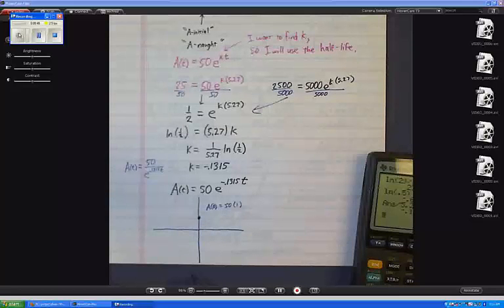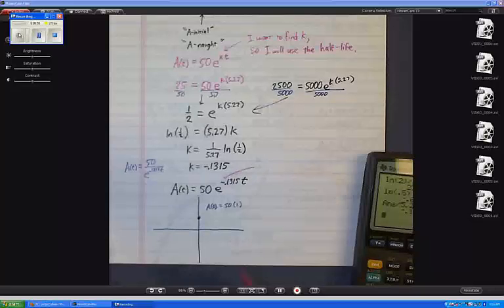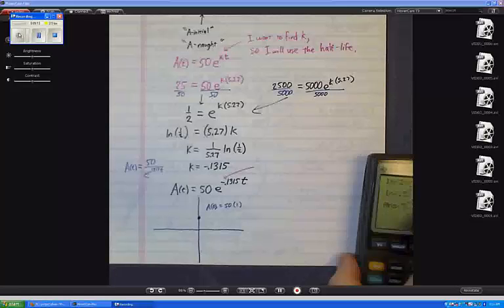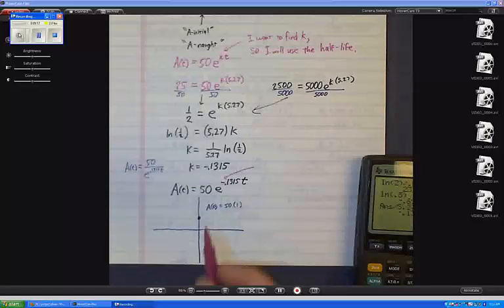Now, because I have a negative exponent, I want you to understand what's going on here. This is exponential decay. Because what happens is it's 1 over this guy, all right? So if I go ahead and sketch a graph, I'm going to have this kind of situation.